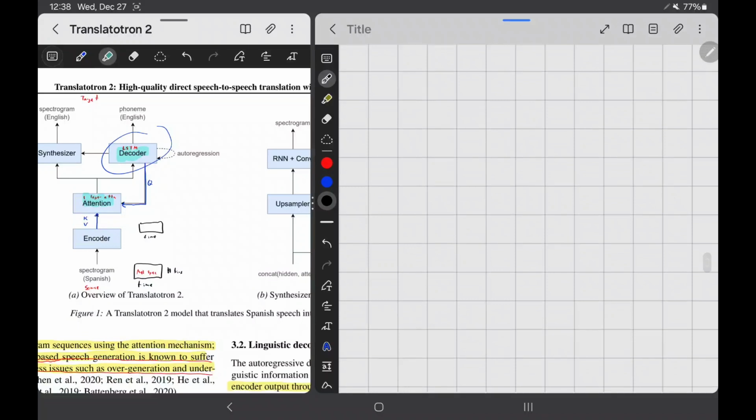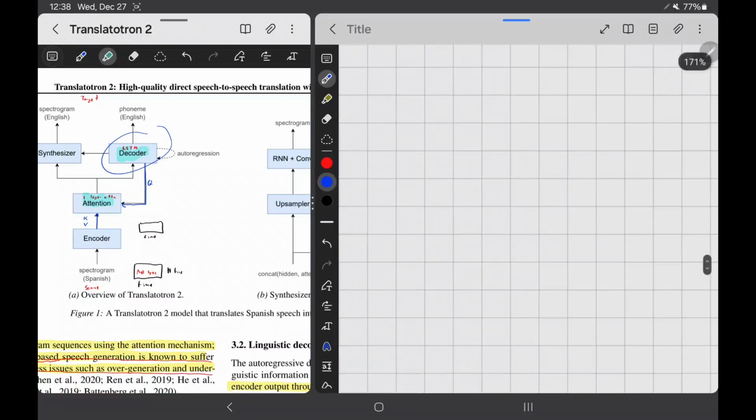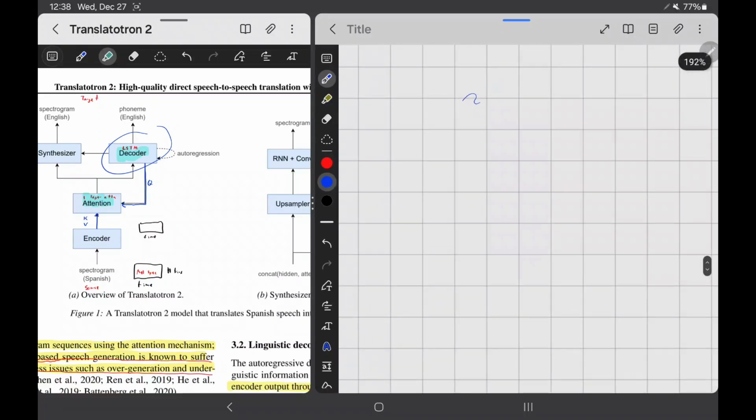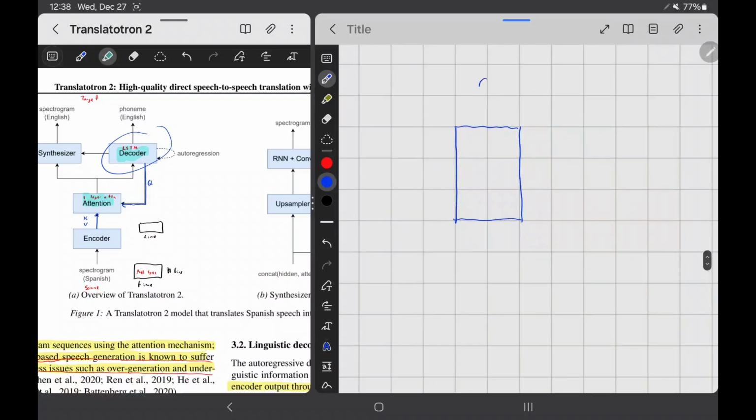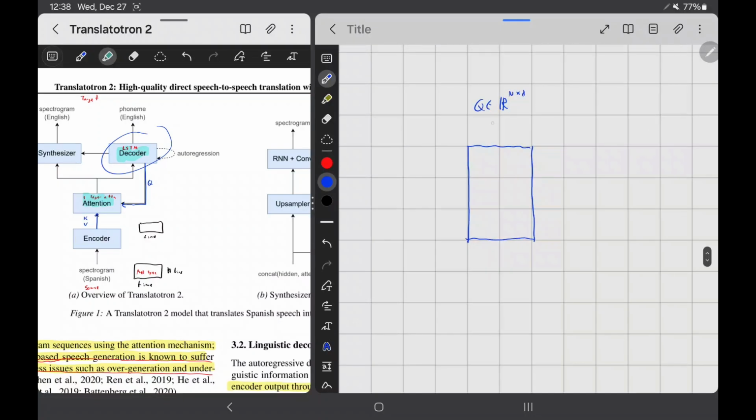And what this looks like, I'll draw it out. So the attention matrix is going to look like this, or something like it. And these will be your queries, in R, we'll call this n by d. These will be your phonemes here.